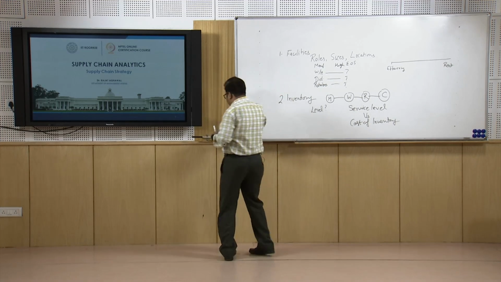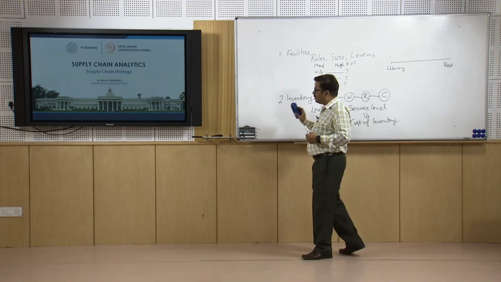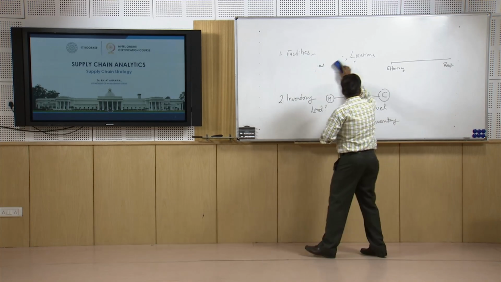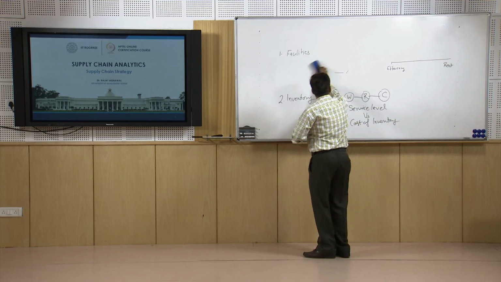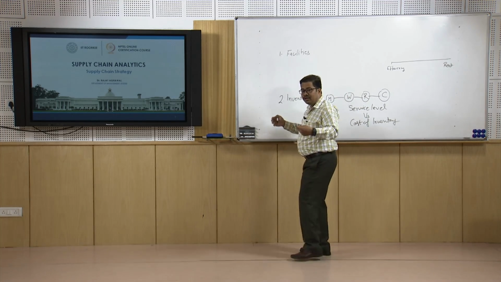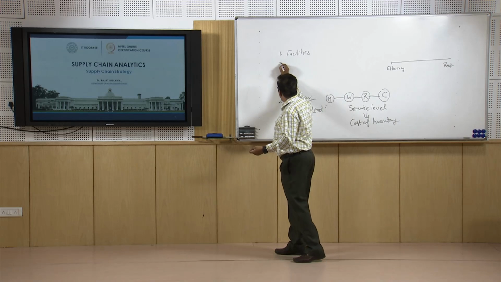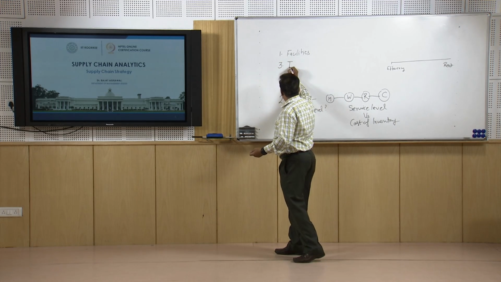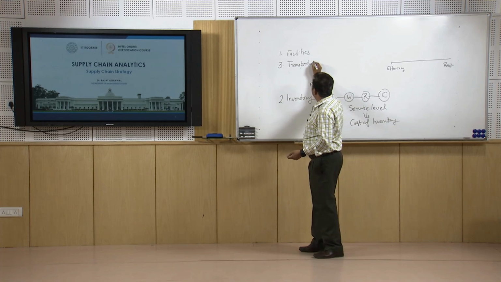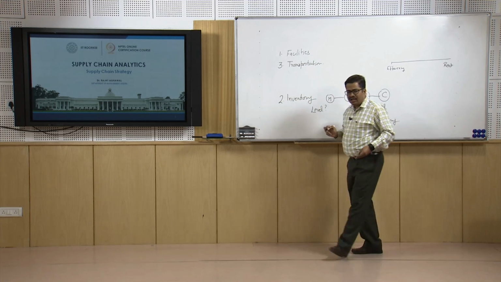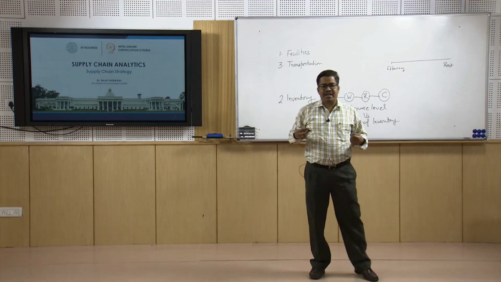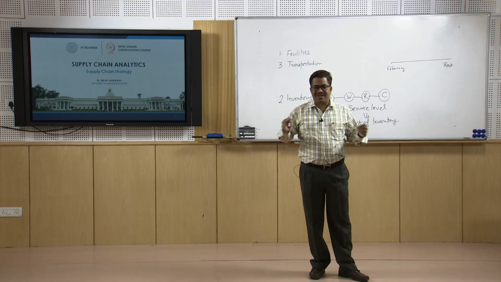Now, let us move to the third important area of our discussion, and that is more like your logistics. That third area is transportation. Many of us say transportation is logistics.